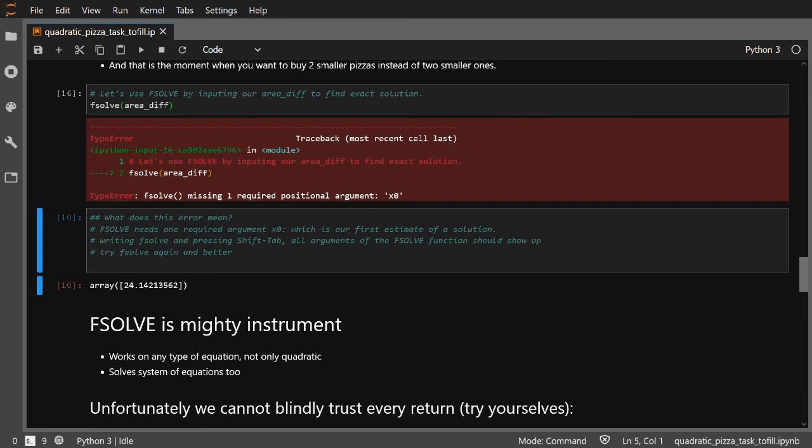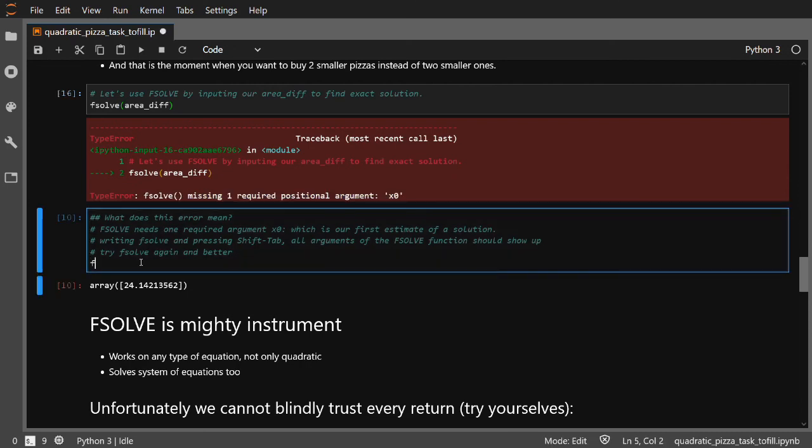Also, if you write fsolve and hit Shift Tab, the function documentation should appear, which can help you with what parameters are required and what the function does. Also note that the error message is printed in a way that Python tries to help us fix our input.